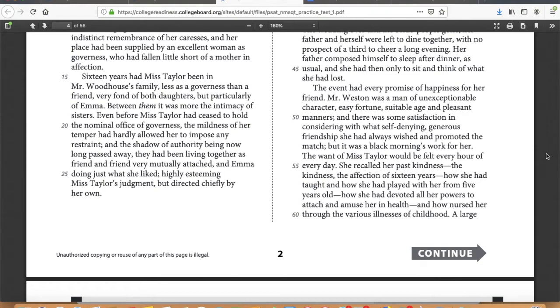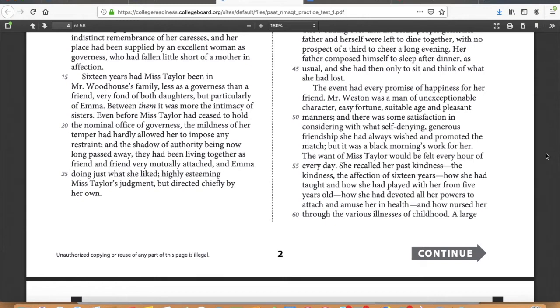So there's some satisfaction in considering, or thinking about, with what self-denying, generous friendship she had always wished and promoted the match. That is, promoted the match between Miss Taylor and Mr. Weston. Here's how I like to explain this part. She encouraged Miss Taylor to marry Mr. Weston. Is that clear?